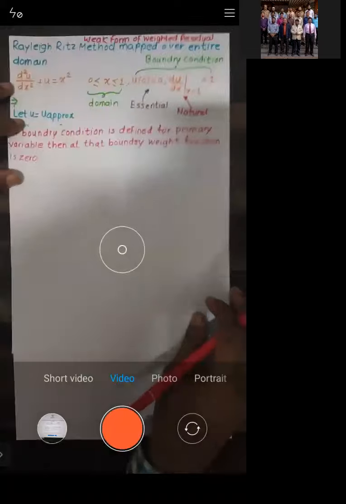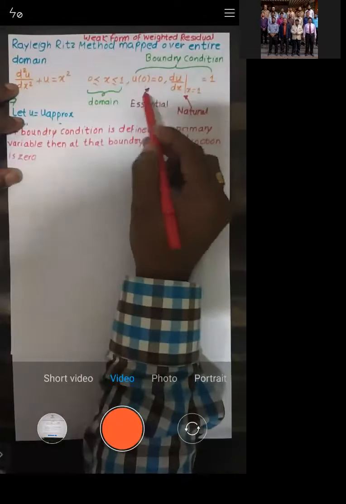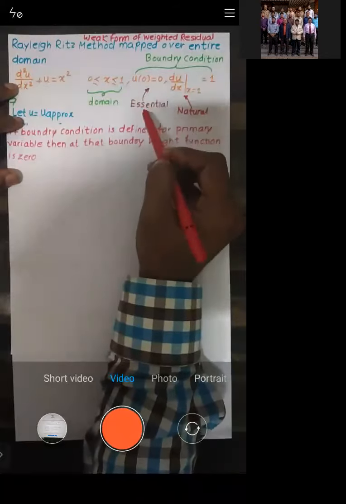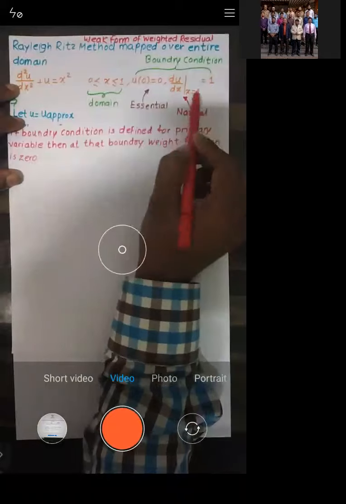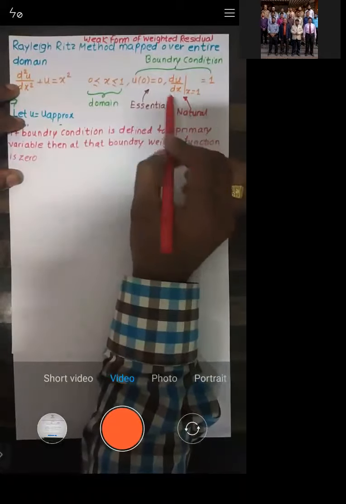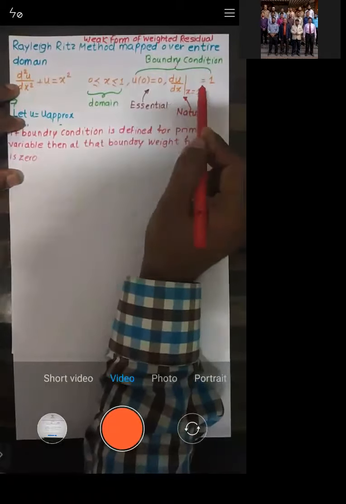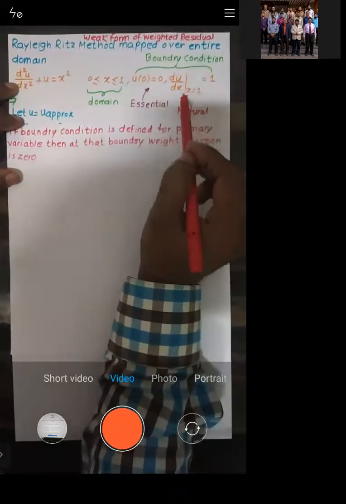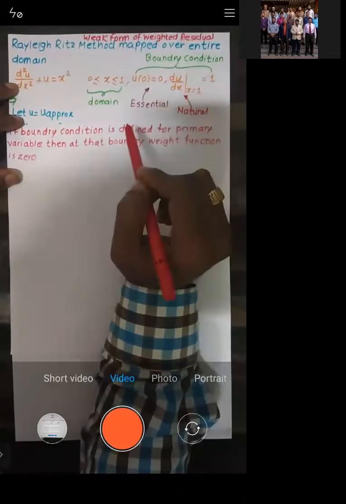If the boundary condition is defined for the primary variable, you can see the first boundary condition is defined in terms of primary variable, that is u, and such a boundary condition we call an essential boundary condition. The second boundary condition is defined in terms of secondary variable, and it is called a natural boundary condition, right?